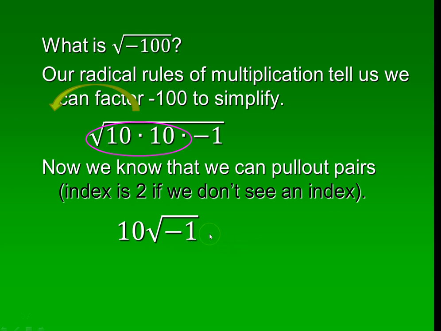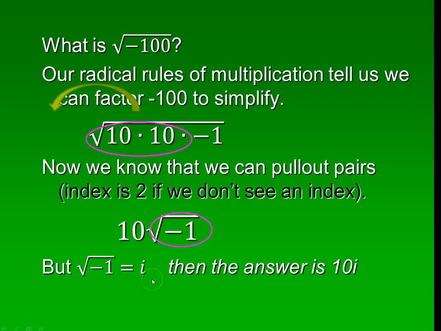Now the square root of -1 is a definition, and the definition of the square root of -1 is i. So what we really have is an answer that is 10i, because the square root of -1 is defined as i.